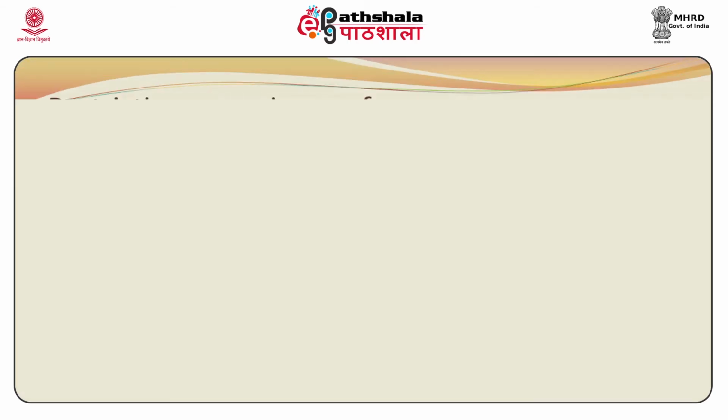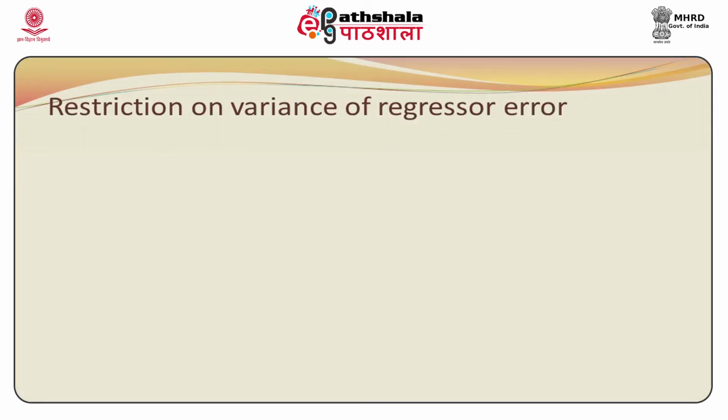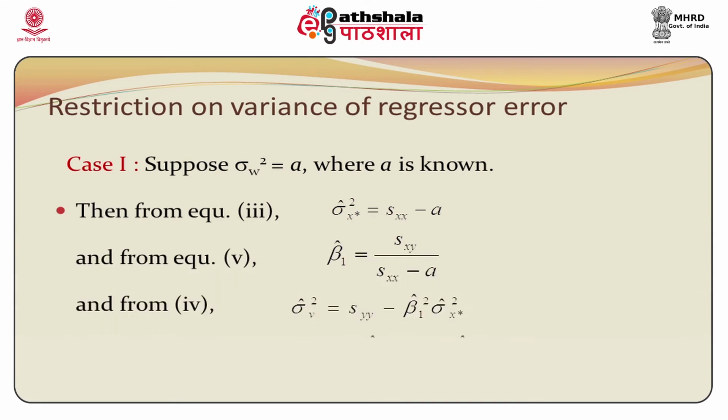So, let us look at what type of restrictions we have. Generally, 4 very standard restrictions are made. The first of these is we assume that sigma w square is equal to a constant a. So, we are saying that we know the error variance for the explanatory variable.